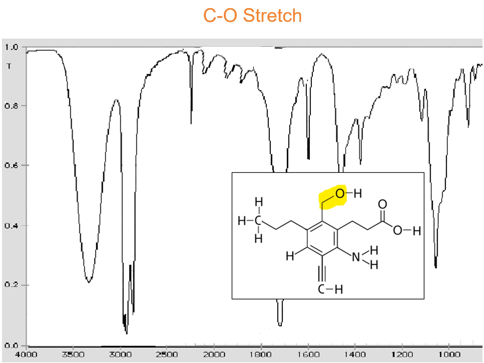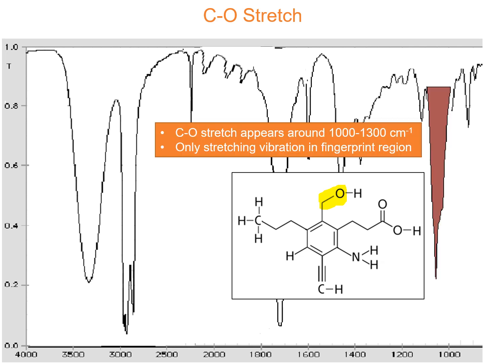Then, as we have just talked about the C double bond O stretch, let's now see the C single bond O stretch. This goes into the fingerprint region, because we have seen that till 1400 there is a fingerprint region.